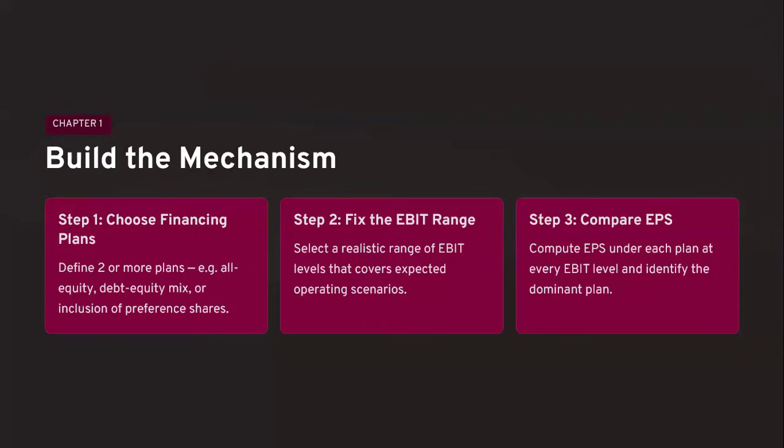In the second step, we'll talk about the range or level of EBIT depending on the scenario. Now, this scenario talks about average EBIT across the firms and their growth.